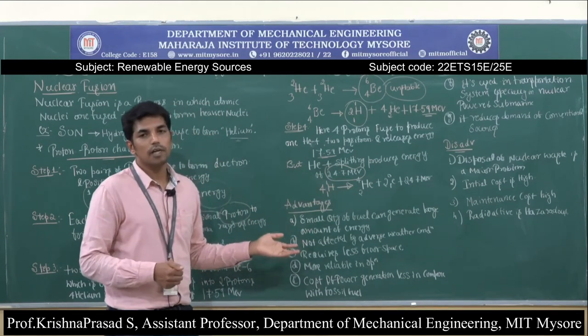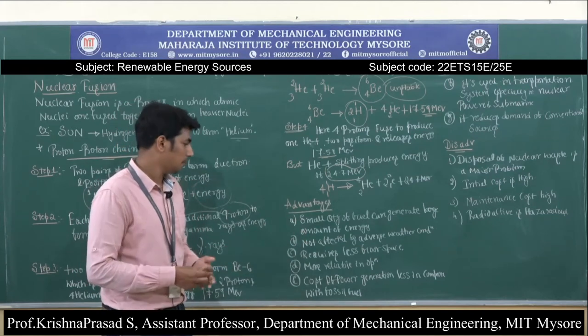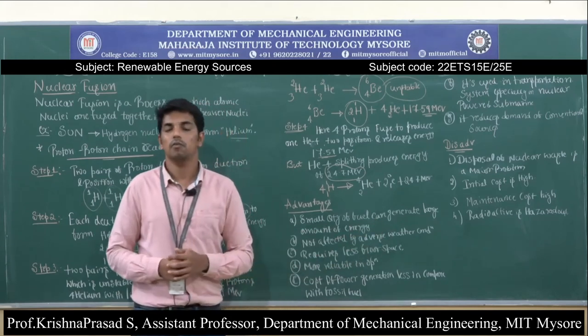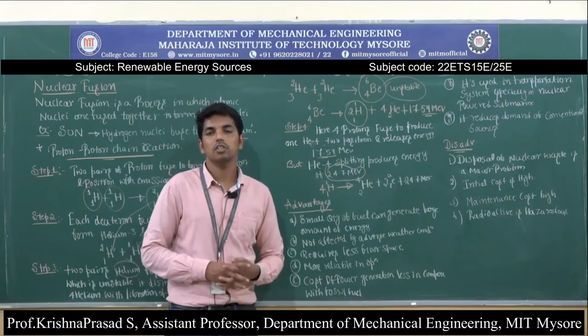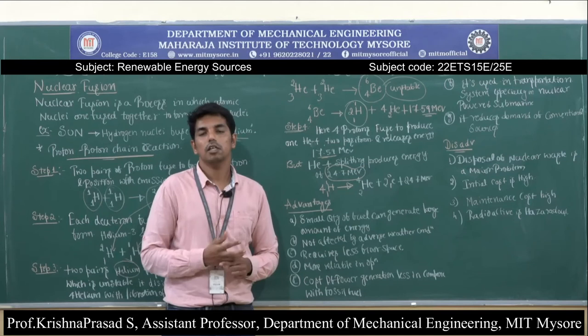So this kind of very high amount of energy can be liberated with the help of nuclear energy. Then it is not affected by adverse weather conditions. For example, if you consider solar energy, it can be affected by natural phenomena and local weather conditions, and also the movement of the earth's orbit around the sun.